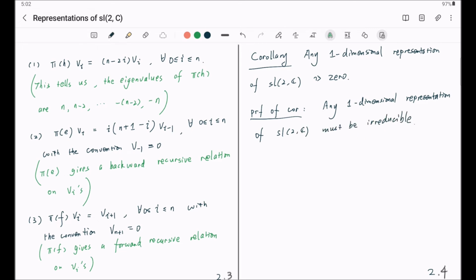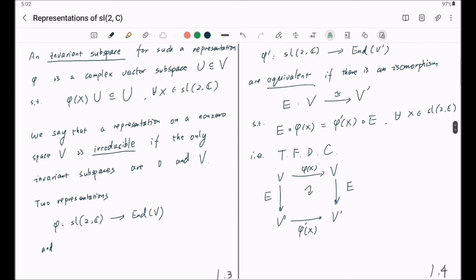That is because, just think about all possible subspaces of a one-dimensional space. There can only be two subspaces for a one-dimensional space. It will be either 0 or the whole space, because the dimension of the whole space is just 1.